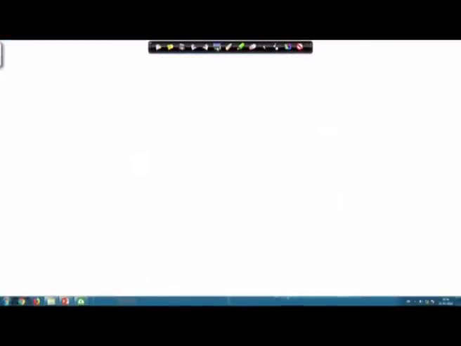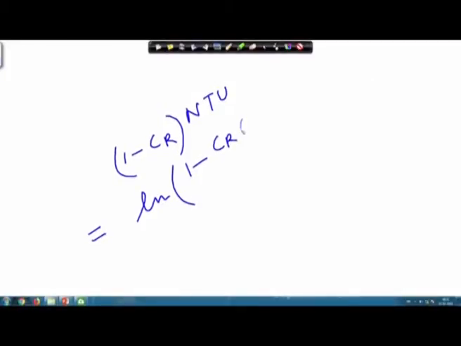Just now we have seen that (1 − C_r) into NTU is equal to ln of (1 − C_r epsilon) by (1 − epsilon).